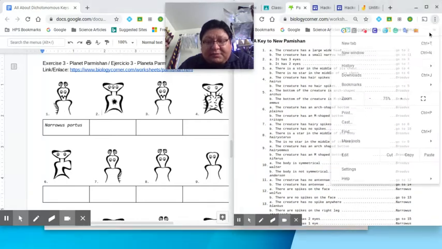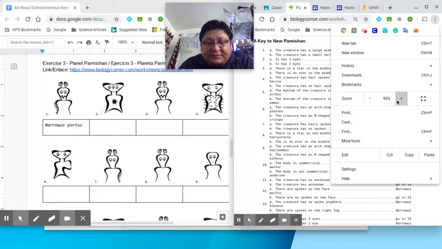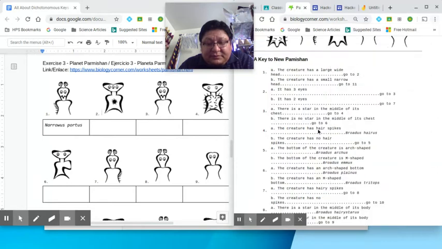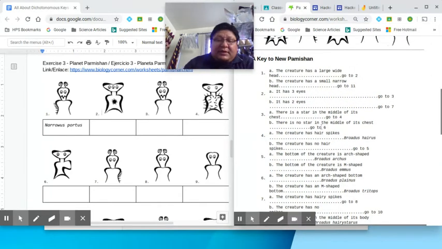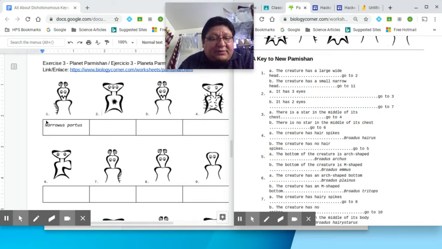I'll make it a bit bigger. I can always scroll up and down so you can see what I'm doing. Okay, for the first guy right here, the creature has a large, wide head, or the creature has a small, narrow head. That's large and that's narrow. Because it's narrow, I go to 11.